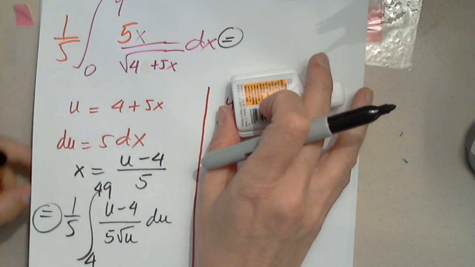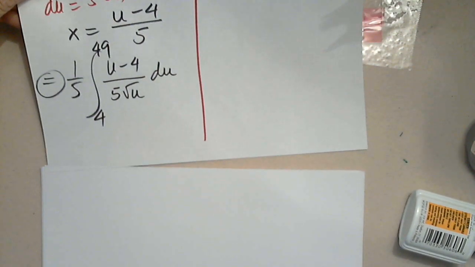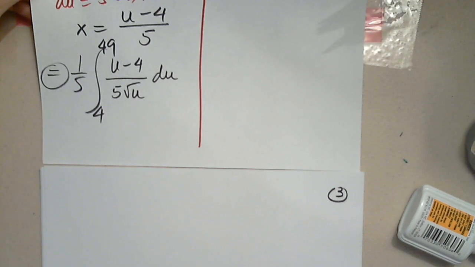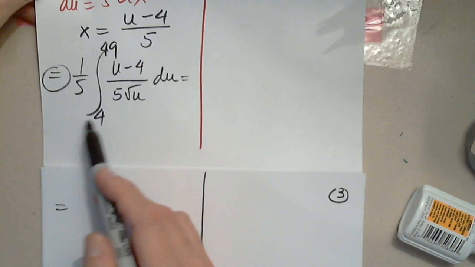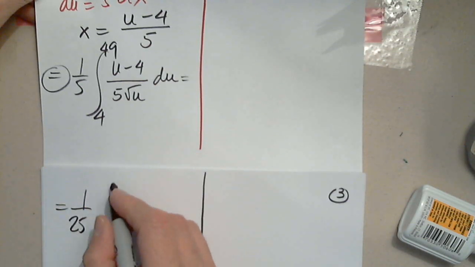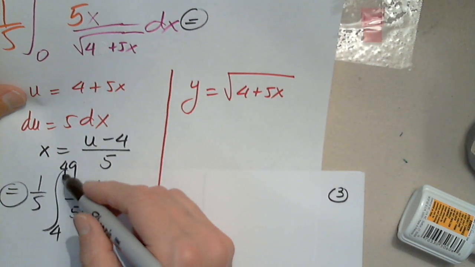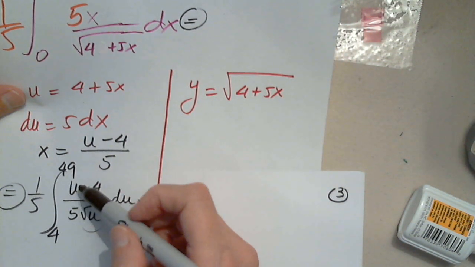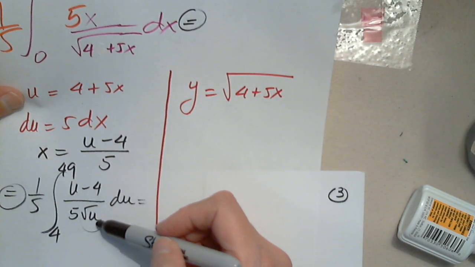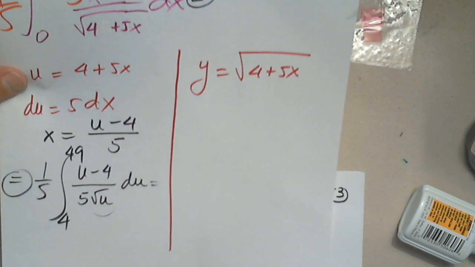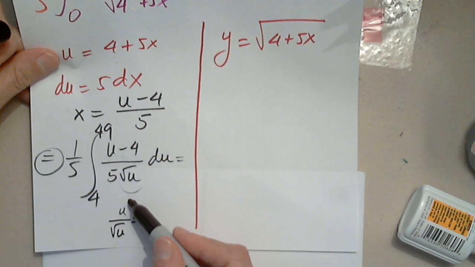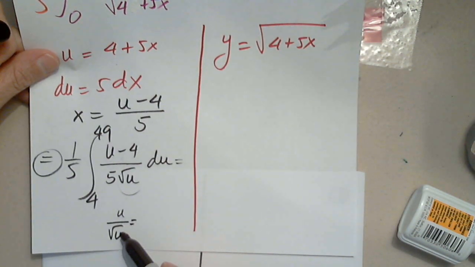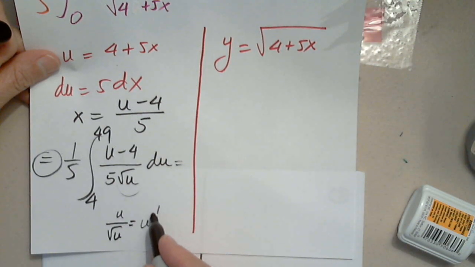Again, like before, this looks so similar to the previous one. We have 1 over 25. And I'll separate into two pieces. u over the square root of u. u over the square root of u is u to 1/2, one to minus 1/2. So this will be u to 1/2.